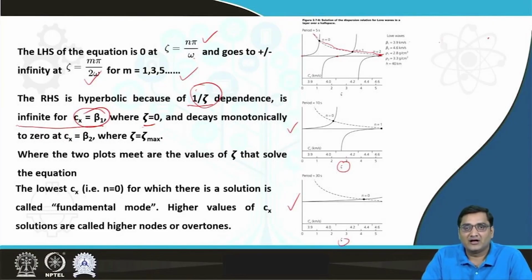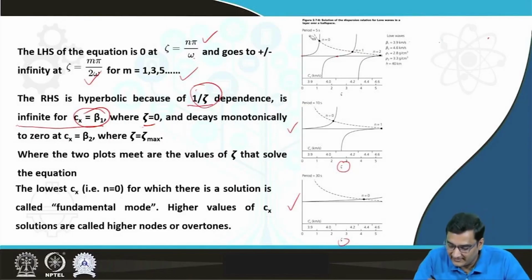So you can see the tangent and the hyperbolic curve are intersecting at this point, and at this point, right?